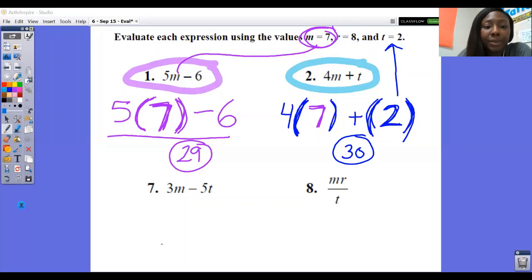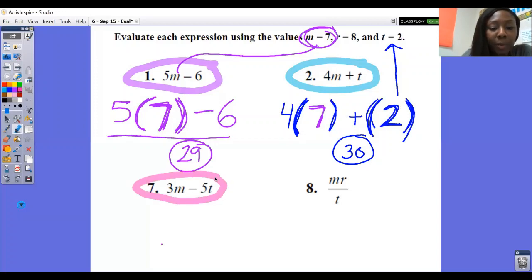Now we will move on to number 7. I'll move a little bit slower on number 7. Notice it says 3m subtract 5t.